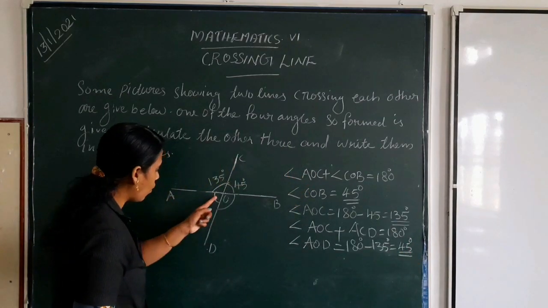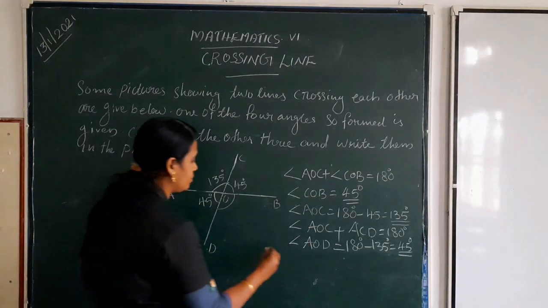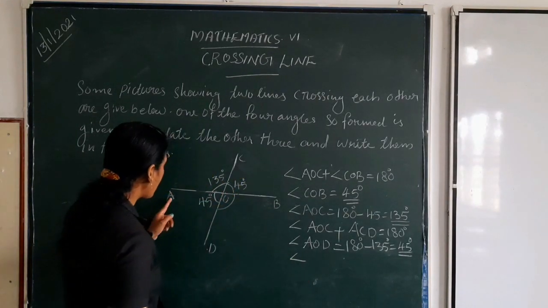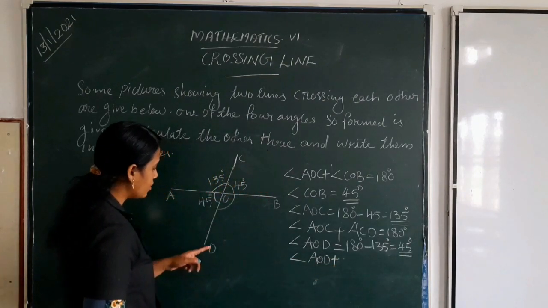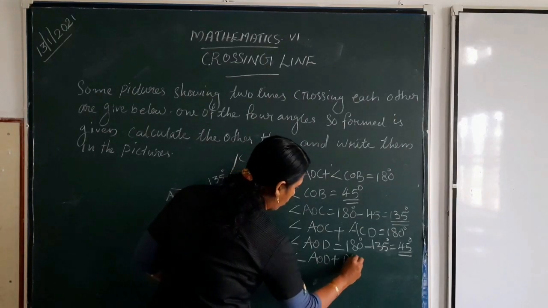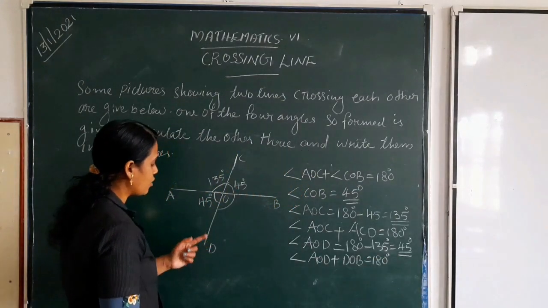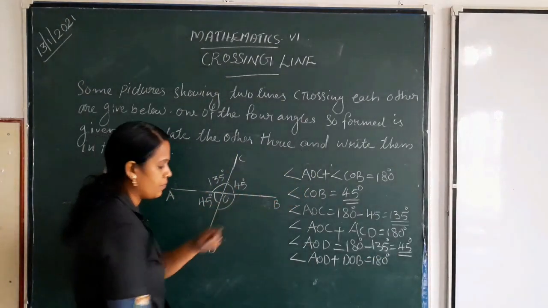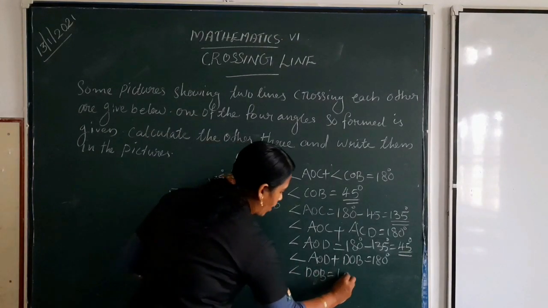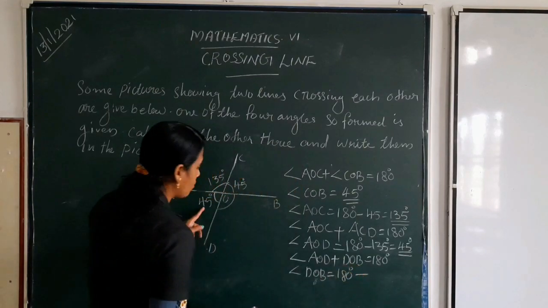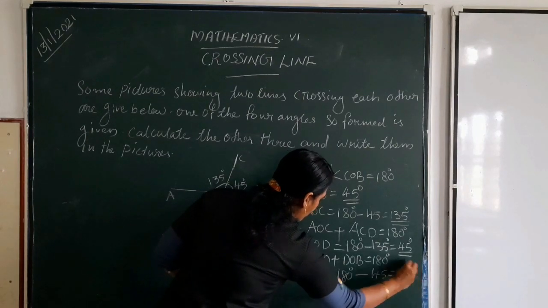So angle AOD 45 degree. Next one, angle AOD plus angle DOB is equal to 180 degree. Here we have to find out angle DOB. Angle DOB is equal to 180 degree minus 45 is equal to 135 degree.